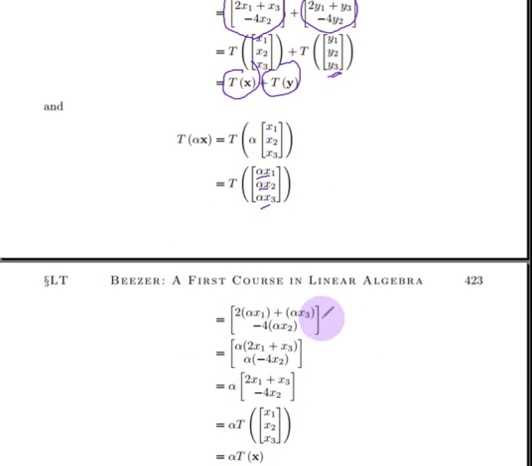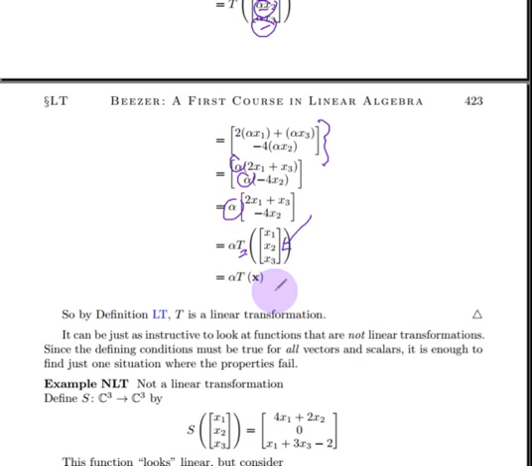This is applying the linear transformation rule to the vector alpha x1, alpha x2, alpha x3. Then I know I can factor out constants, so I take the constant outside, and it turns out that this is alpha times the rule T applied to the vector x1, x2, x3. So you'll be doing this kind of verification for several linear transformations.